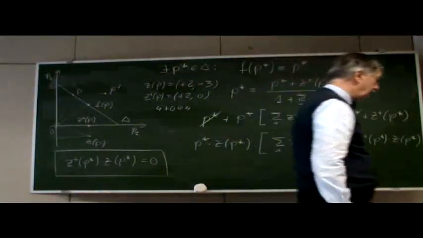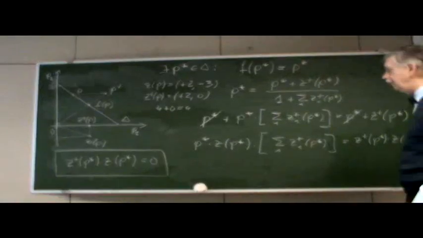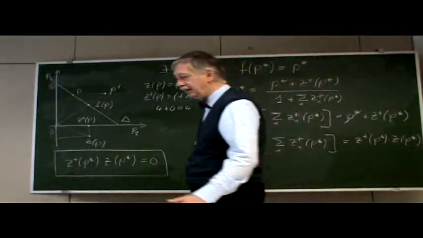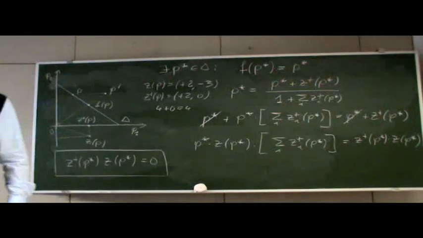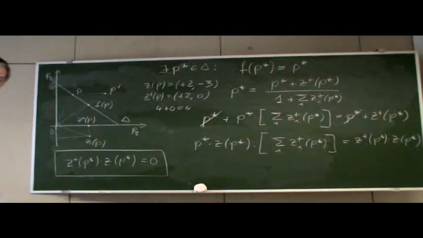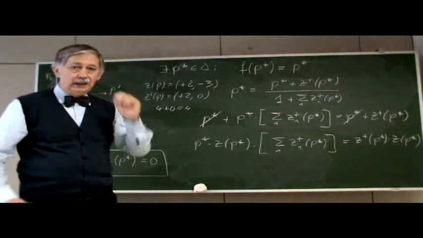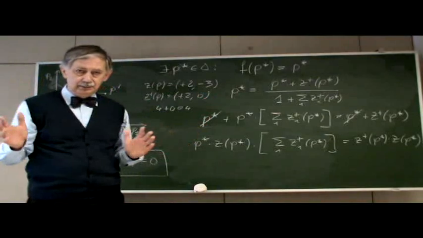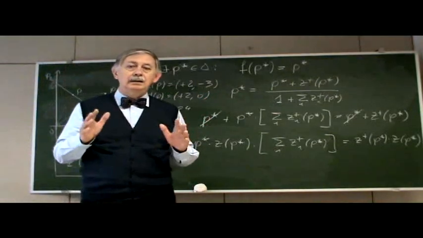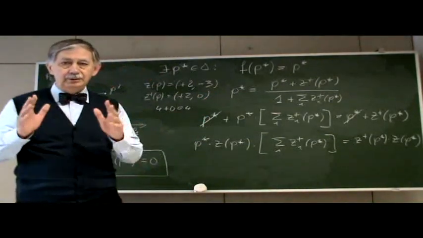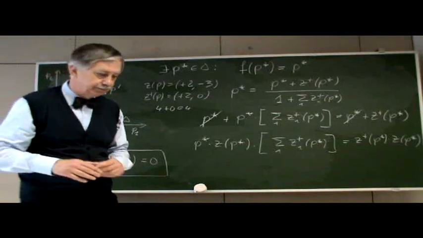Therefore, Z of P star must have all non-positive components. In other terms, there is an equilibrium in the price system P star. A fixed point of the function f is in reality an equilibrium for the economy. This is the simplest way in which you can apply Brouwer's theorem in order to prove the existence of equilibrium.